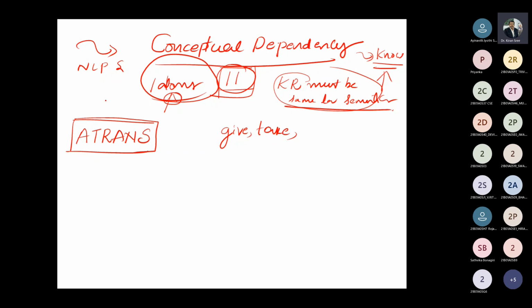I went to a restaurant and I gave some money. So you use A trans, like you are giving something, you are taking something. It tells you about an abstract relationship, give or take, whatever it may be, which is a very important primitive.